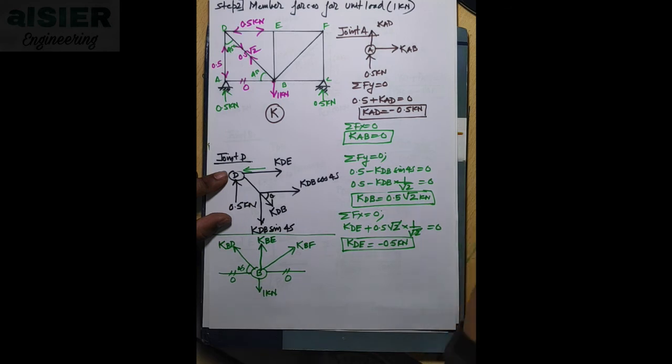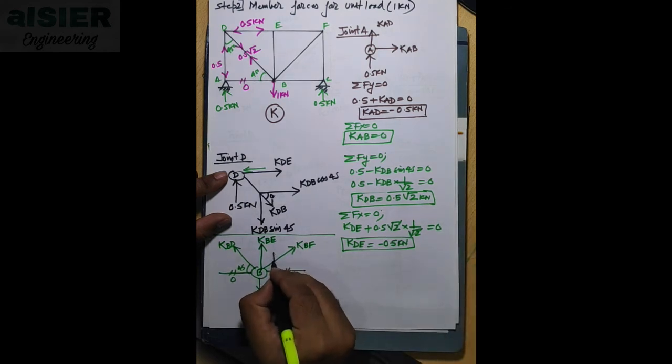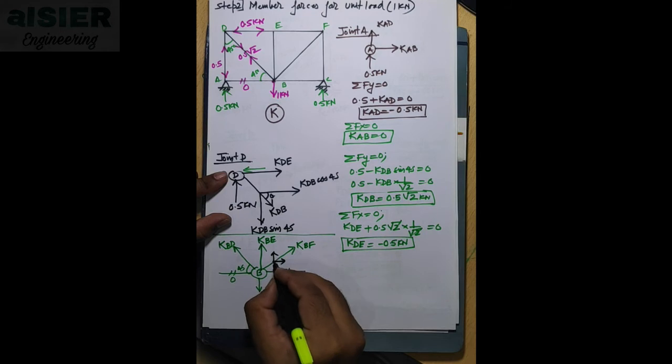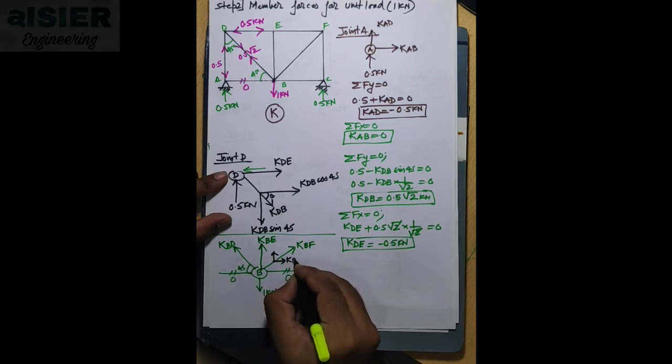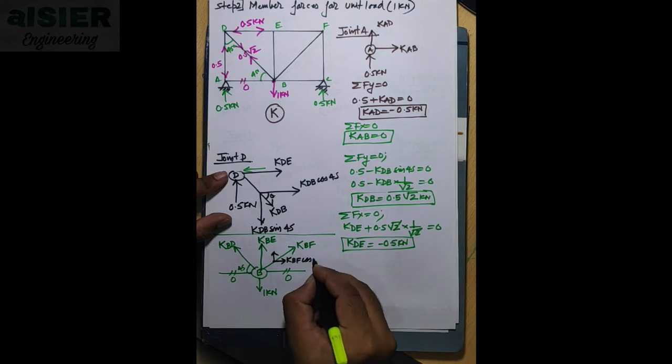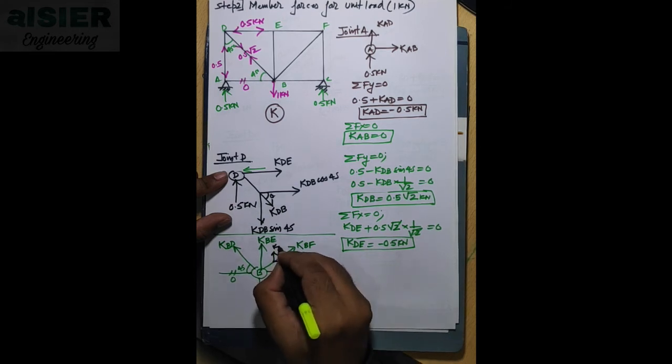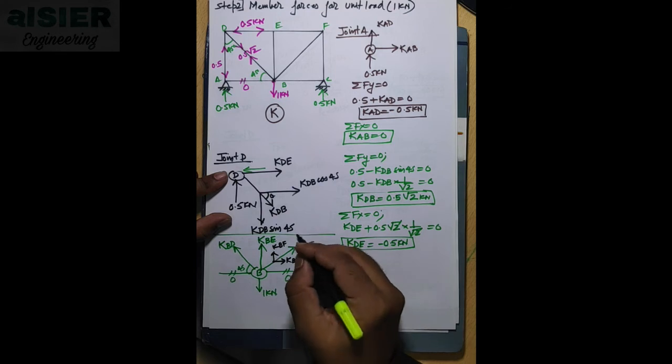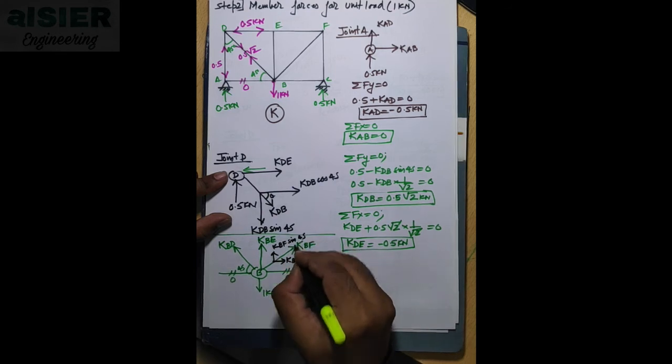Now we will resolve this, so consider this as 45, right? So this is KBF cos 45 and KBF sin 45.